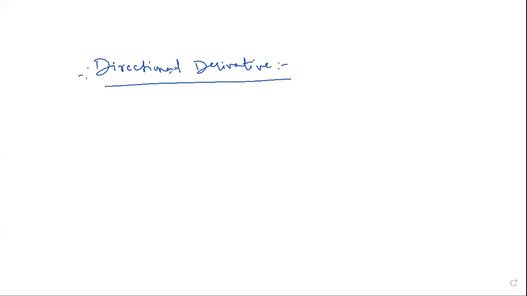Last time we were discussing the idea of directional derivative, which involved the idea of gradient also, right?